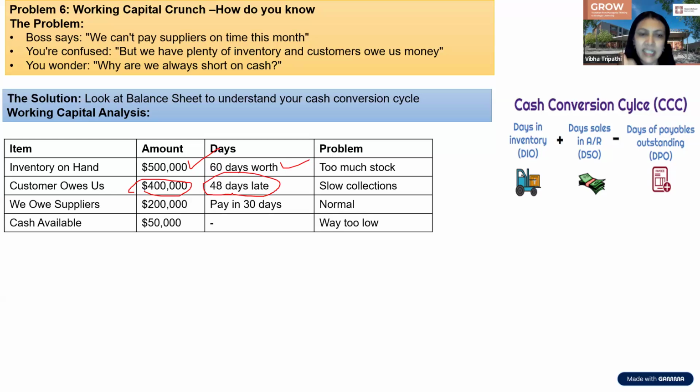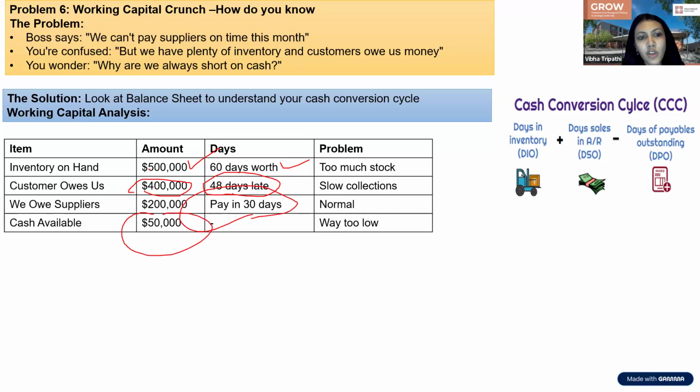Now, imagine 60 days your inventory is sitting in factory, 48 days your customers are not paying up. But the problem with this company is that they owe to their suppliers within next 30 days only, which means you are actually having a cash of only 50,000.